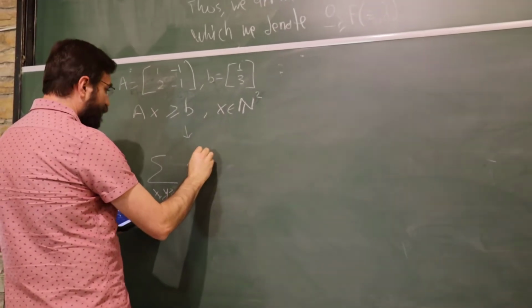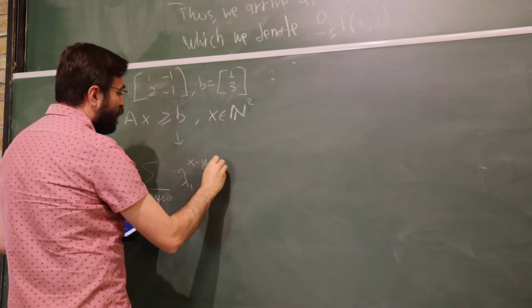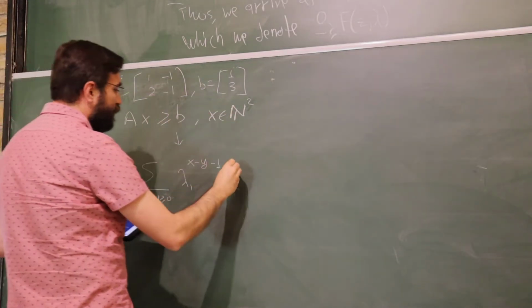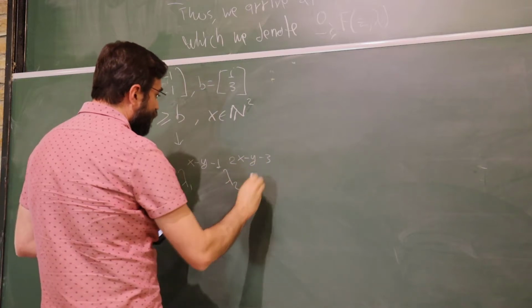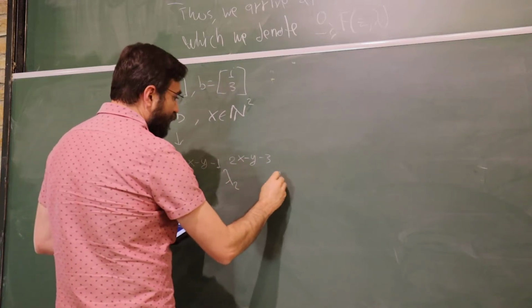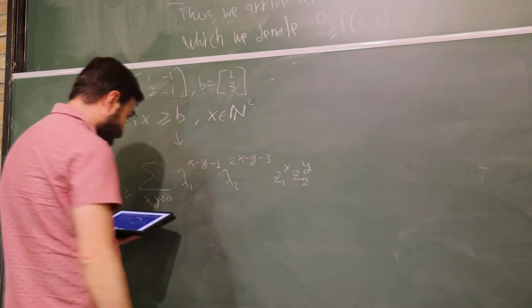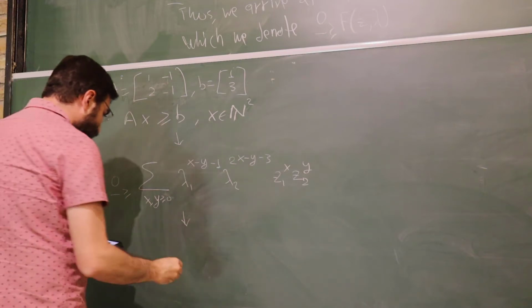And we have x minus y minus 1, and then a new lambda variable for the second equation or inequality, so 2x minus y minus 3, and then to keep track of our variables, we have this. So this is the multi-sum version.